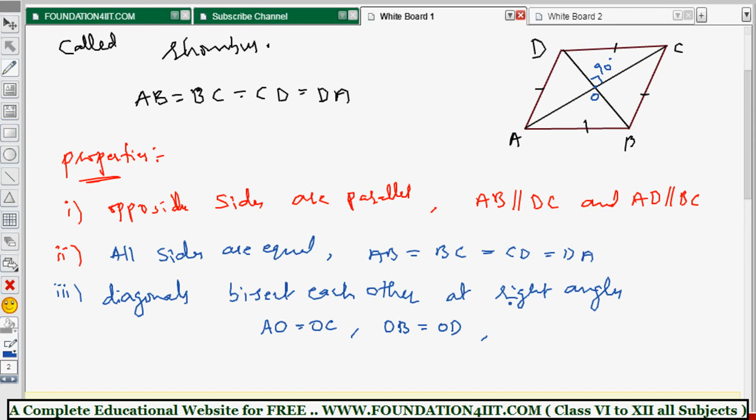And diagonals bisect the angles of the rhombus. That means AC bisects angles A and C, and BD bisects angles B and D. Bisecting means it makes them into half. This is an important property.